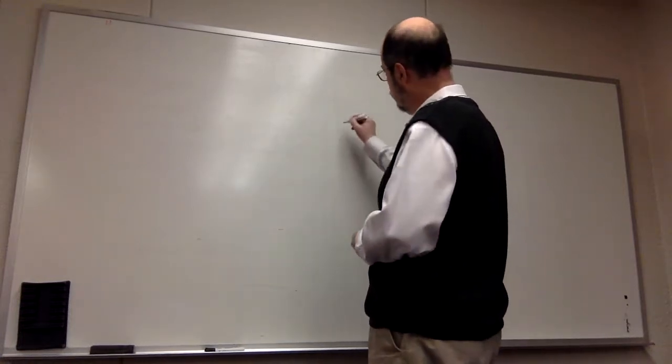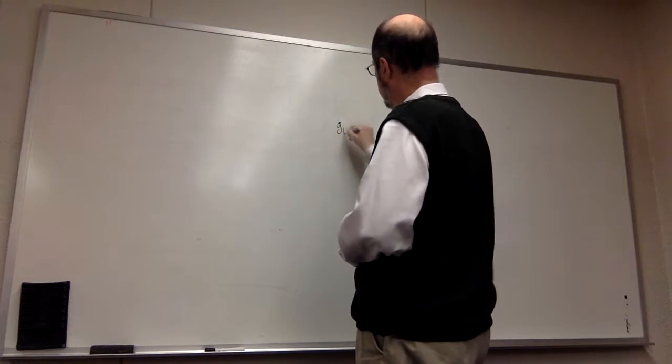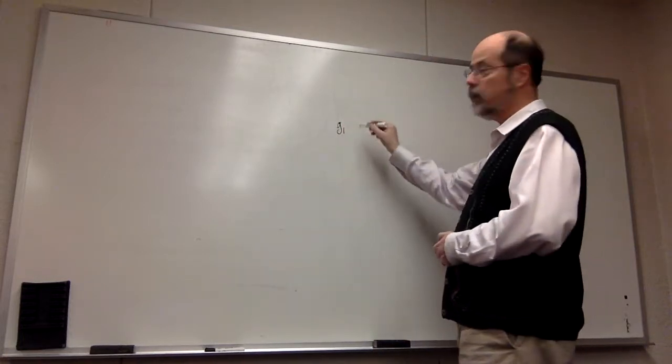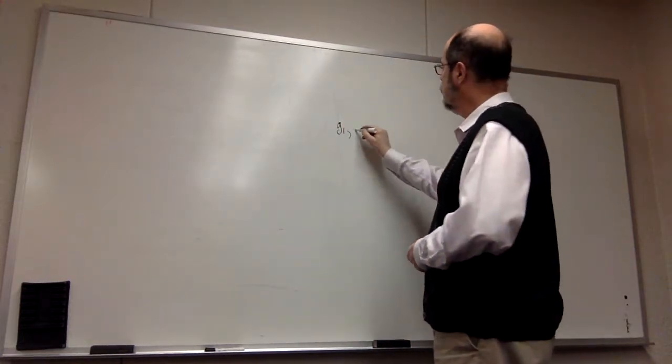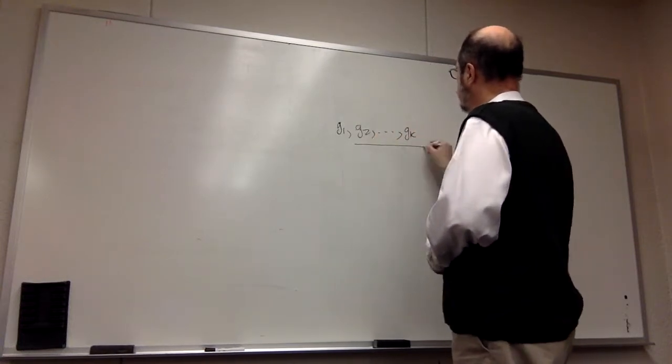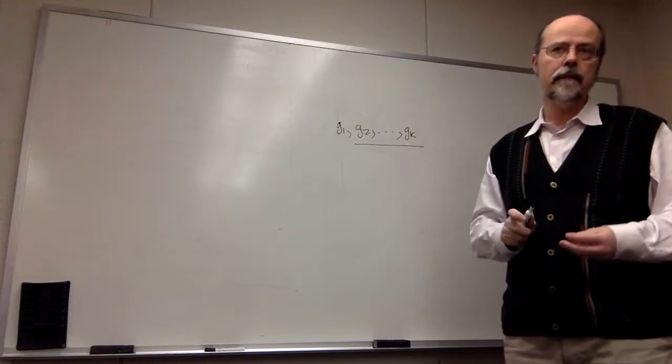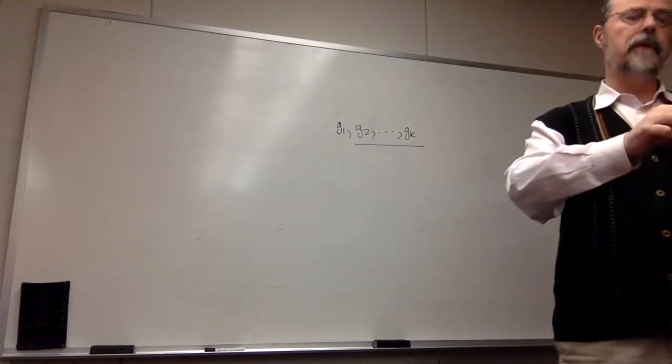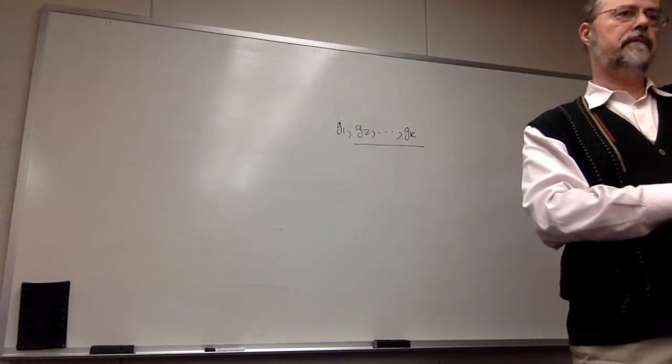You say, well, I'm person 1, I have G1 to choose, and I take G2 all the way to GK, I can take those as constant, as opposed to only taking G2 as constant because there are only two people.